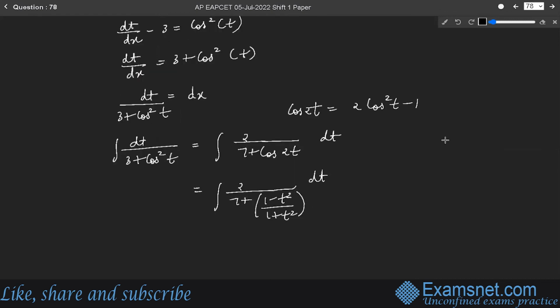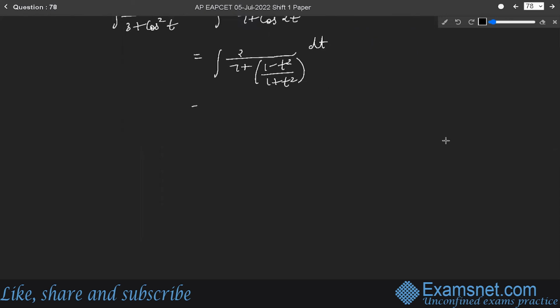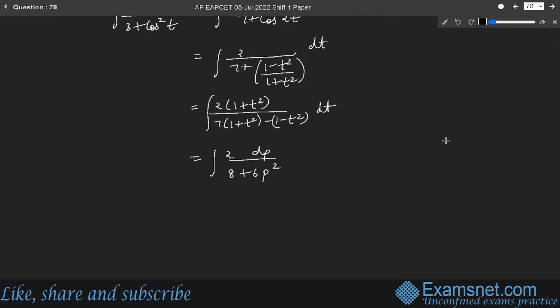Now, on further simplifying this term, it will be equal to 2 into (1 plus t square) divided by (7 into (1 plus t square) minus 1 minus t square) dt. It is in the integral. So it becomes integral of 2 dp upon (8 plus 6p square).